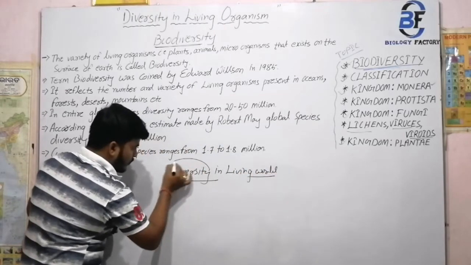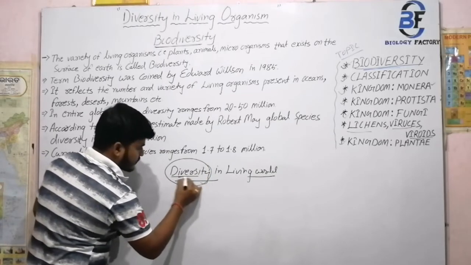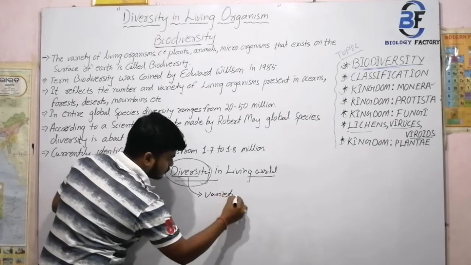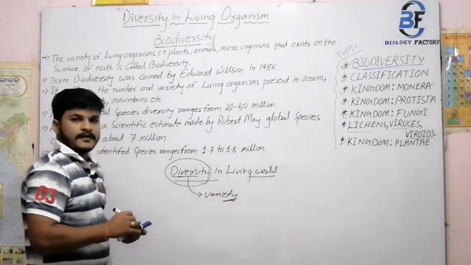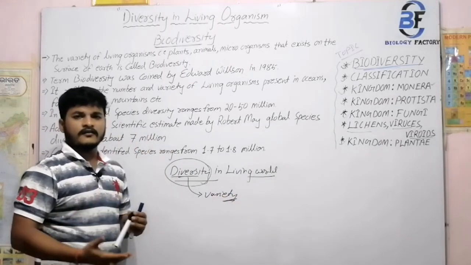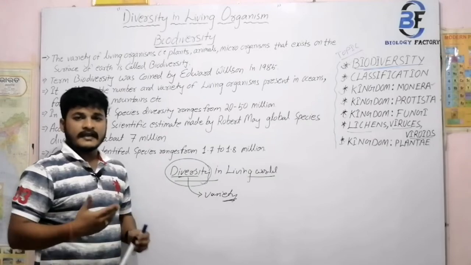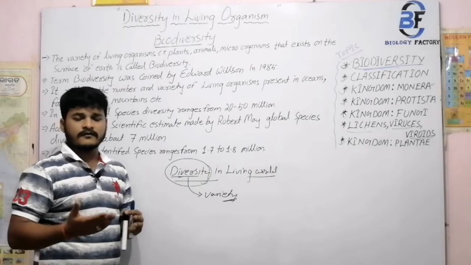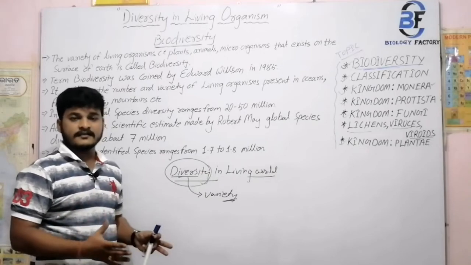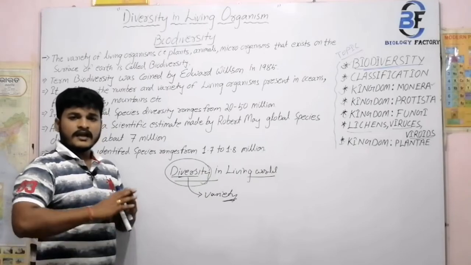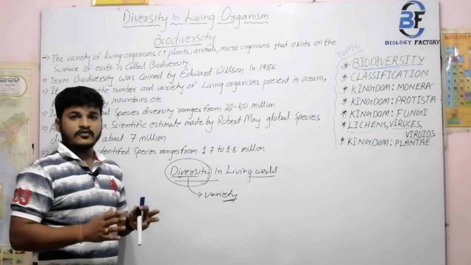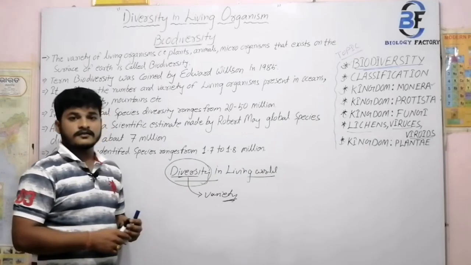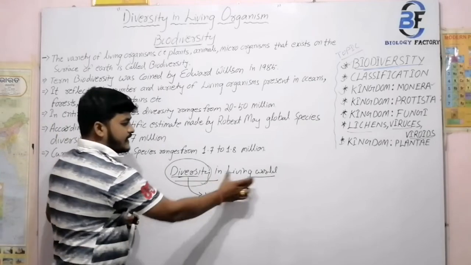There are a number of varieties of plants, animals, insects, bacteria, and viruses that exist on this earth. Everything that exists on the earth is included in diversity.